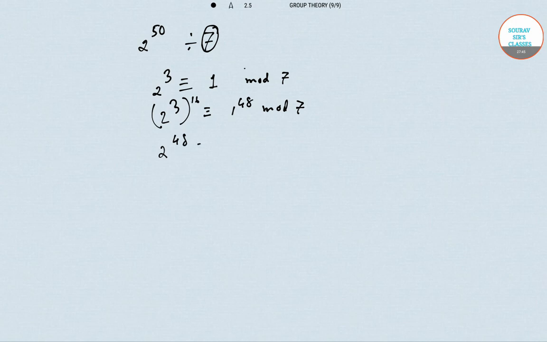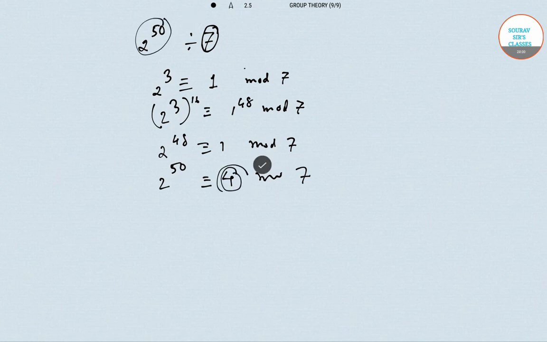So 2 to the power 48 is 1 modulo 7. If we multiply by 2, we get 4 modulo 7. So 2 to the power 50 divided by 7 leaves a remainder of 4.